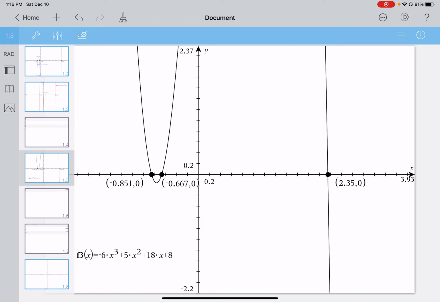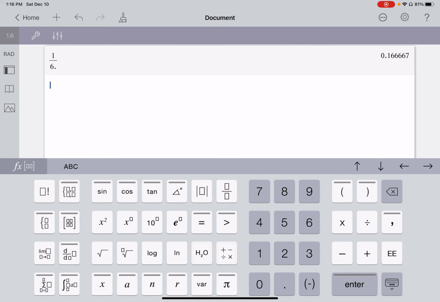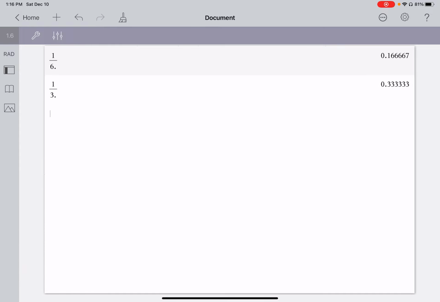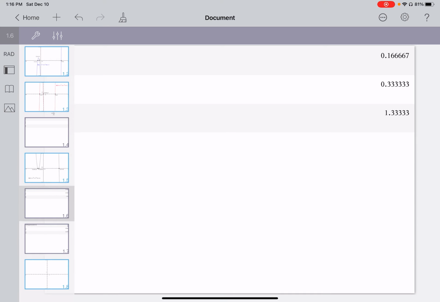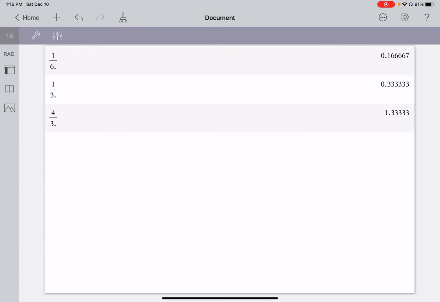No, it was not. So let's try some more options then. We also had 1/2. Well, we know that's 0.5. Let's try 1/3. 0.33. Was that one of them? Nope. Let's go back. The other fraction was 4/3. 1.33. Is that on there? Nope. Okay, let's come back.